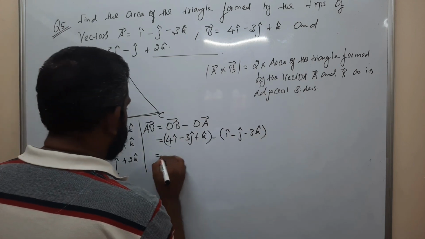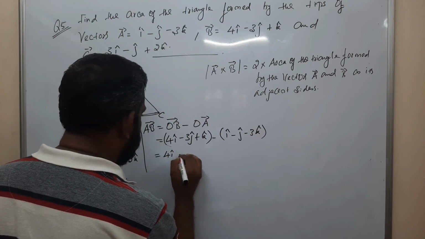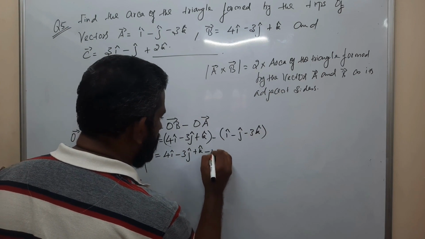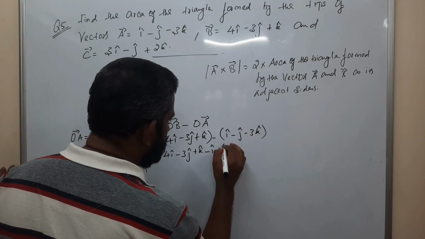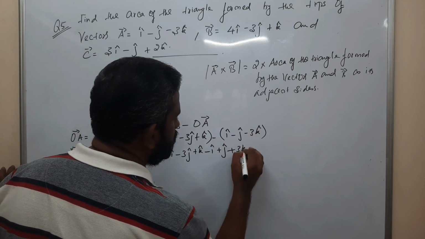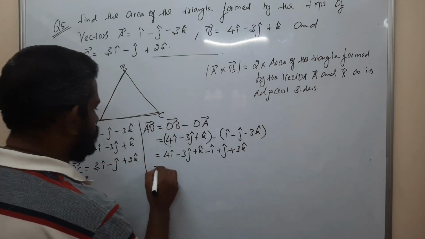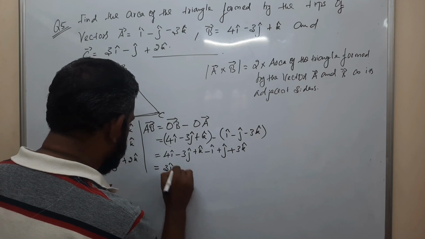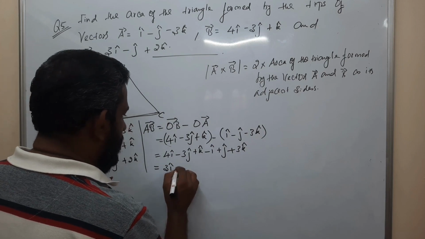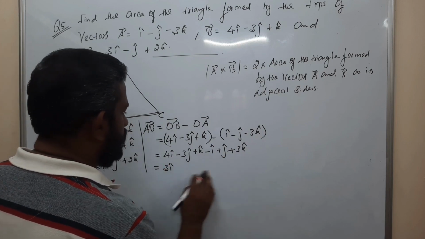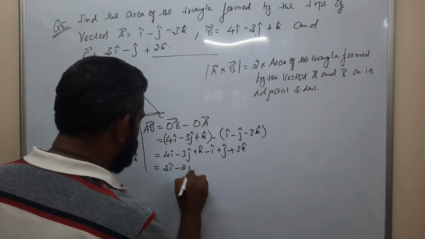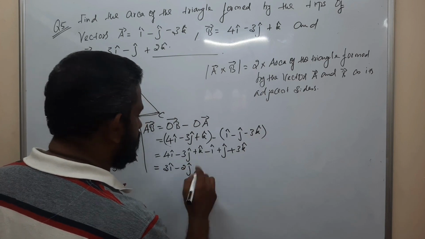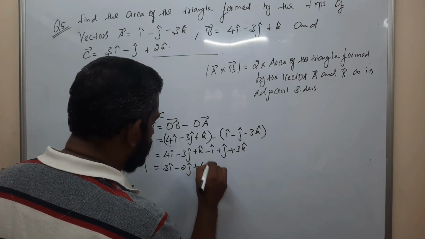So that's equal to 4i cap minus 3j cap plus k cap minus i cap plus j cap plus 3k cap. So that's 4i minus i, that is 3i cap, minus 3 plus 1, that is minus 2, minus 2j cap, then 1 plus 3, that is 4k cap.